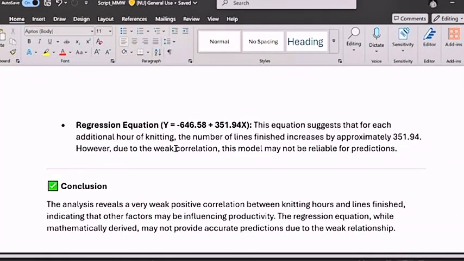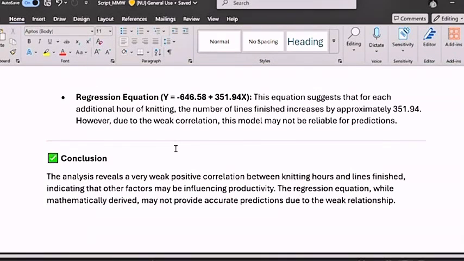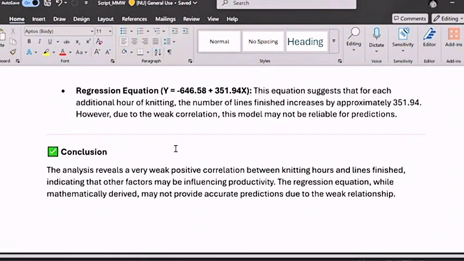The regression equation, negative 646.58 plus 351.94x, suggests that for each additional hour of knitting, the number of lines finished increases by approximately 351.94. However, due to the weak correlation, this model may not be reliable for predictions.